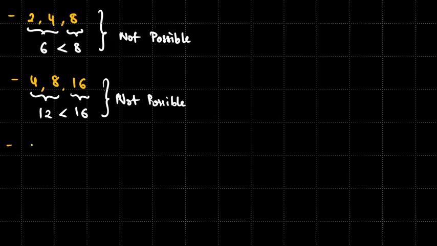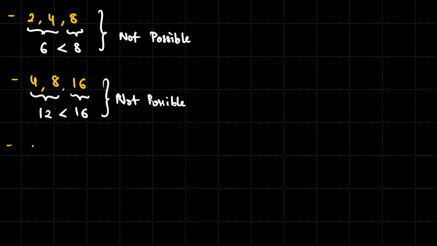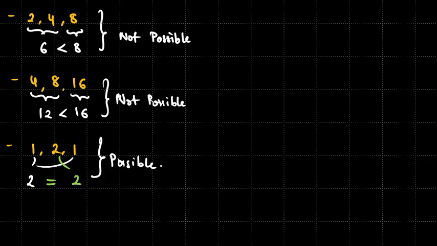And the third one, which is 1, 2, 1. The smallest ones, so this one and this one, give you 2. When adding them, and this one, so let's make it another color since that might be confusing, this one is also 2, which is equal. So in this case, it is possible for there to be a resultant of 0 magnitude in some case.